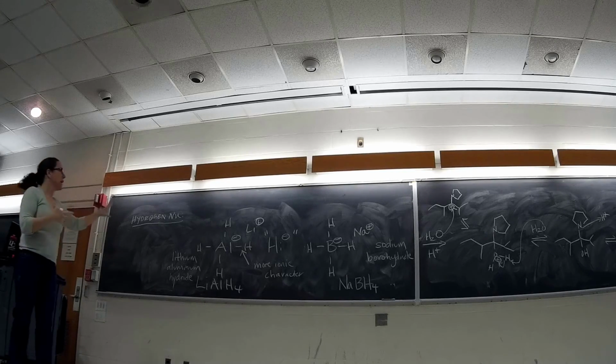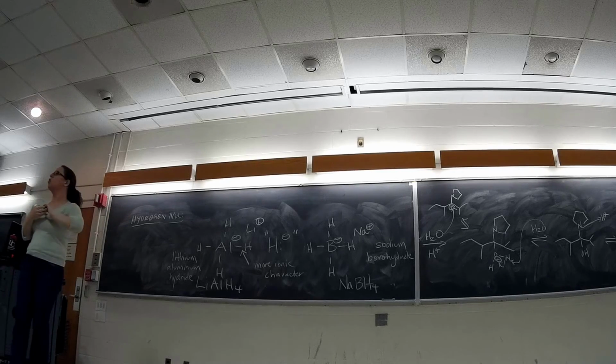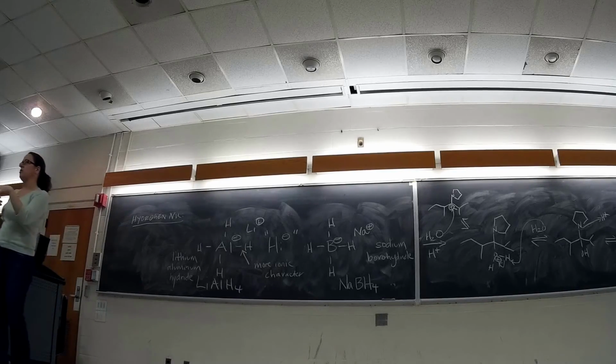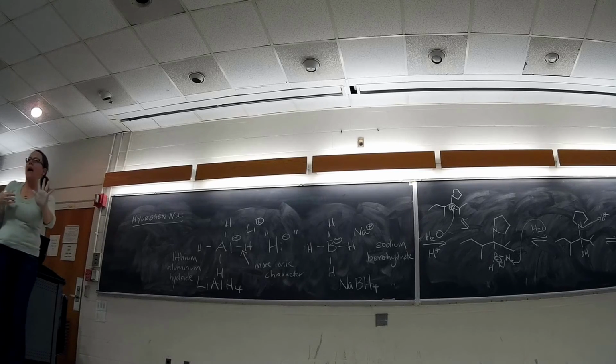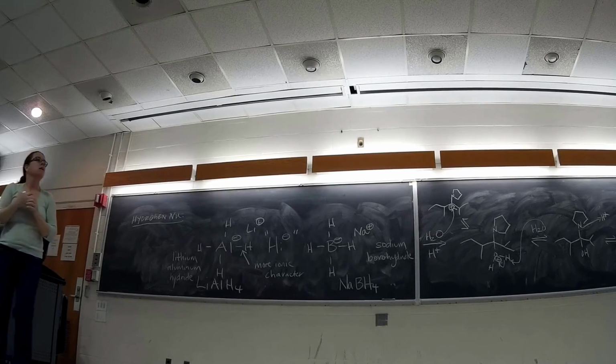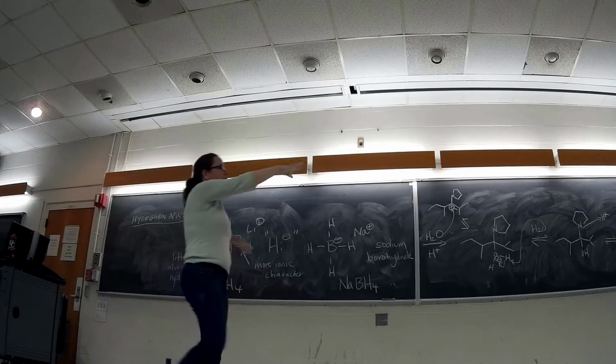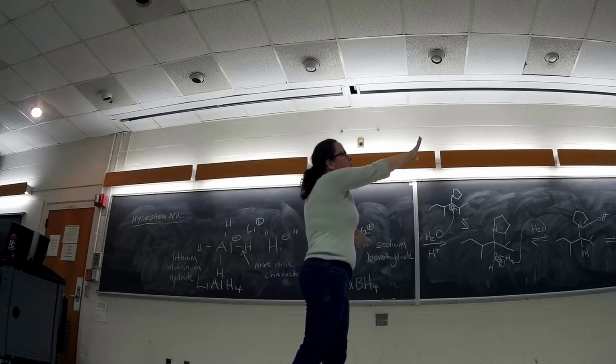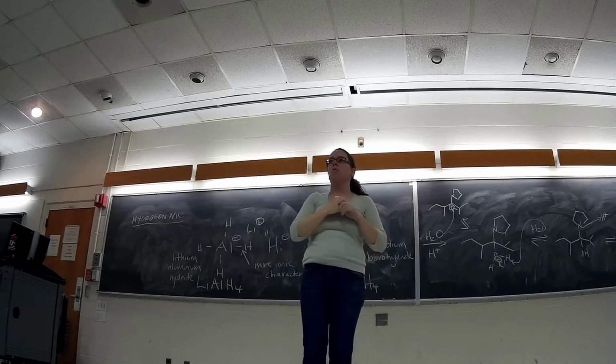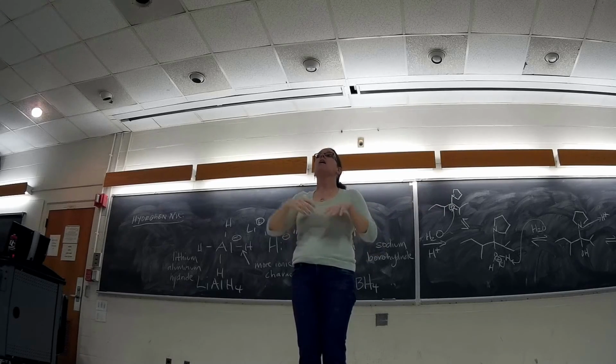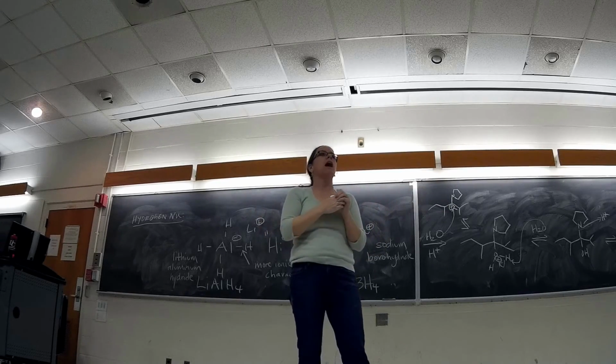So this is a reagent that you don't use unless you have to. You only use it when you have something that's reticent to react. You don't necessarily use it if sodium borohydride is good enough to do the reduction reaction that you want, okay? Now, remember last week, or earlier this week, we had that chart up on the board, and we were talking about how reactive these carbonyl compounds were.